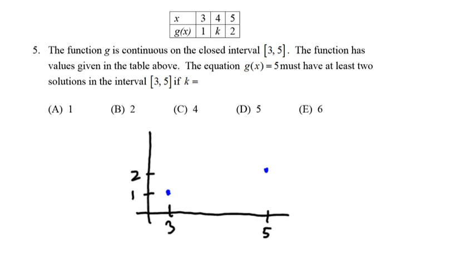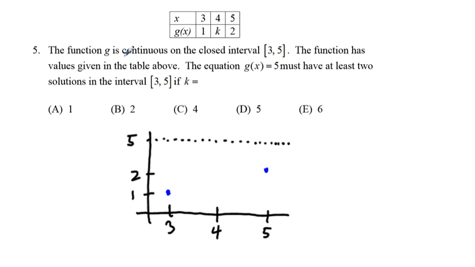So what is being asked here? It's being asked if we want to have a solution at 5, which I'm going to take at 5 horizontally, this horizontal dotted line, we're going to have a value of k for an input of 4, right, an output of k where the function has to cross.